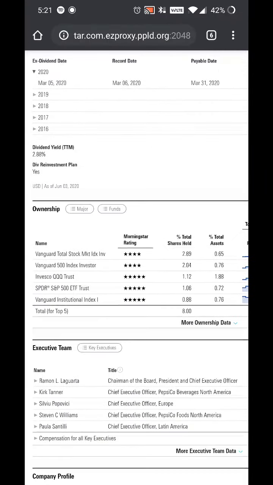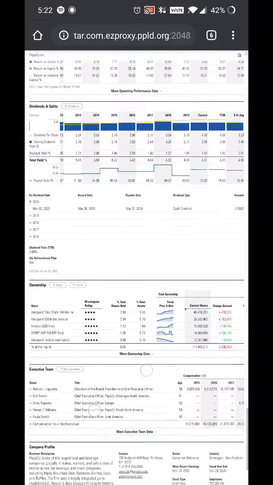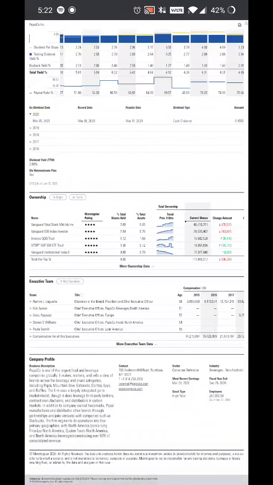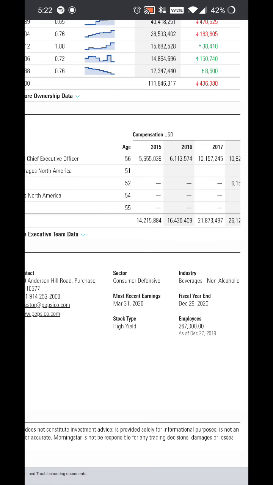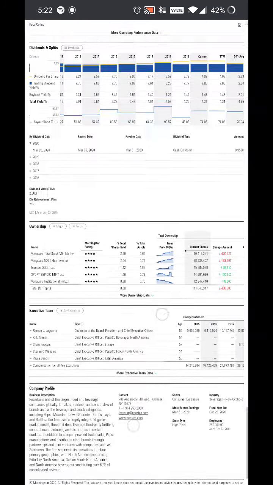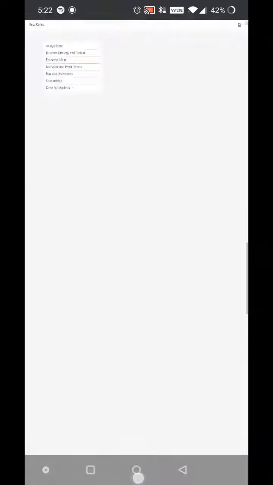So the highest would be the Vanguard Total Stock Market, and then the 500, the Qs, SPY, so just S&P 500. Says consumer defensive, high yield stock type, gives you the fiscal year end, all sorts of good stuff.